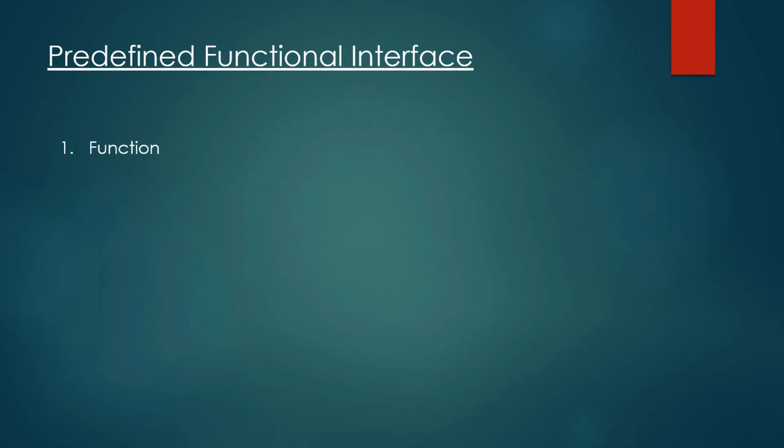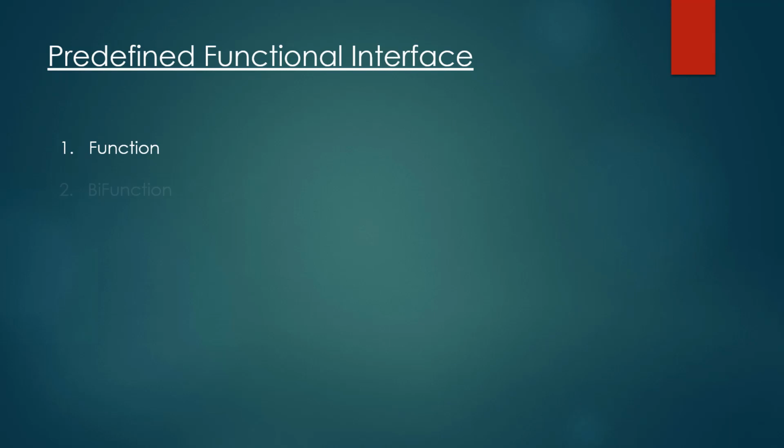In this functional interface, we take an argument, do an operation, and return an output. That output can be anything, but it will not be boolean. If we want to return a boolean output, then instead of this Function interface we will take the Predicate predefined functional interface.